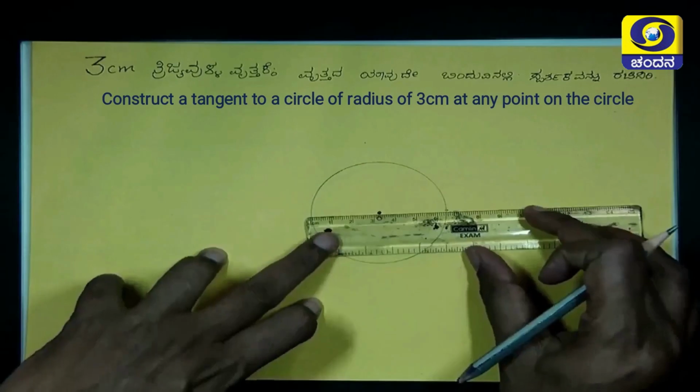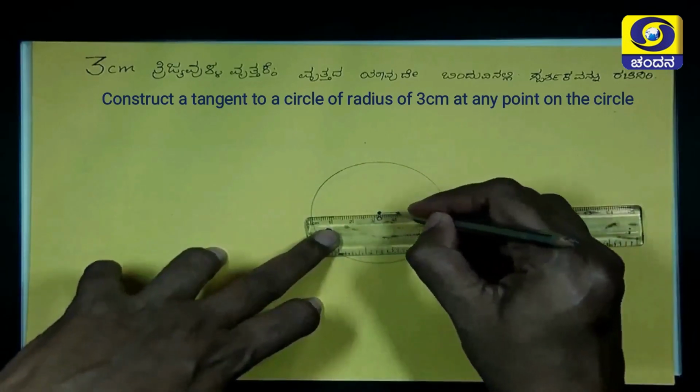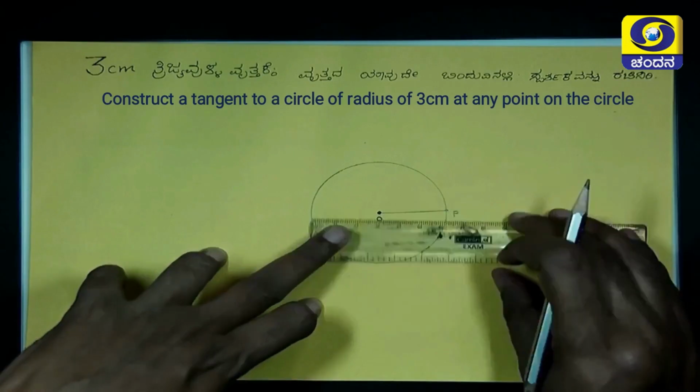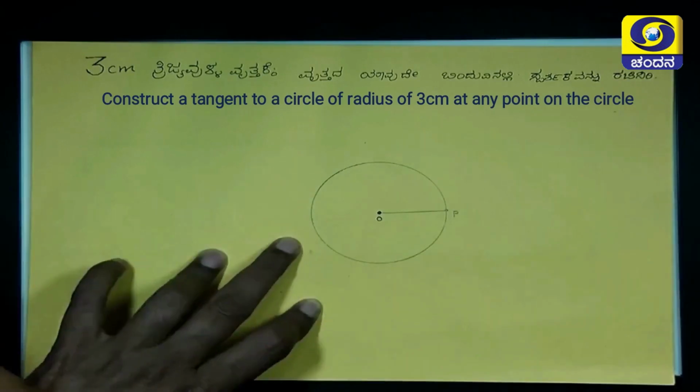With center P and taking the same radius, that means 3 cm, I am going to draw a semicircle.